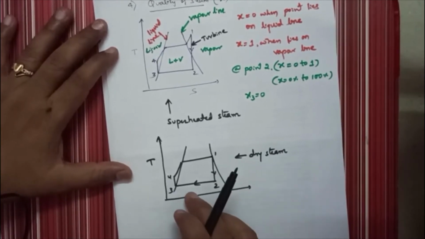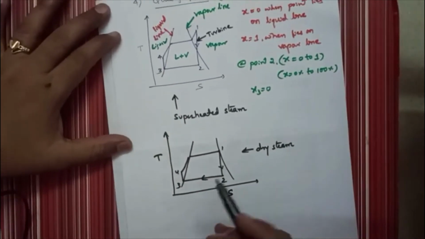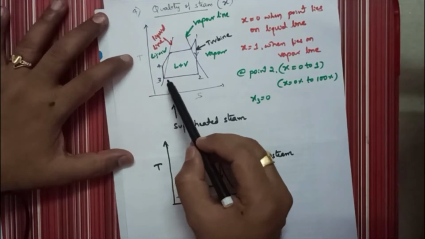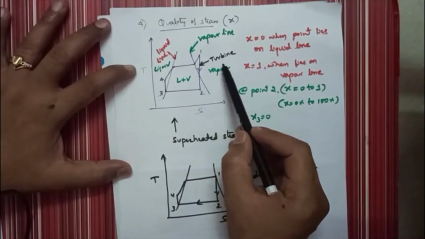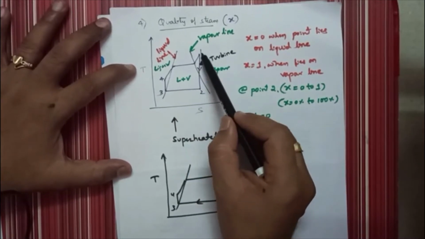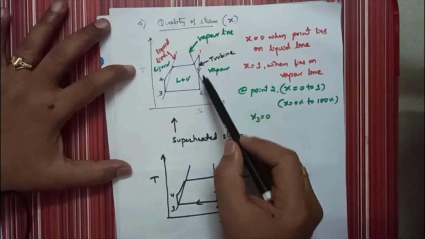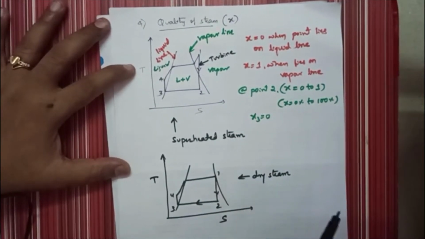Then you have to draw this TS diagram. If in numericals they give that the quality of steam entering the turbine is superheated, then you have to draw such a type of TS diagram, because the value of enthalpy at this point is different. Both are not the same.